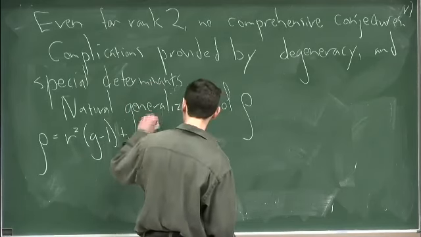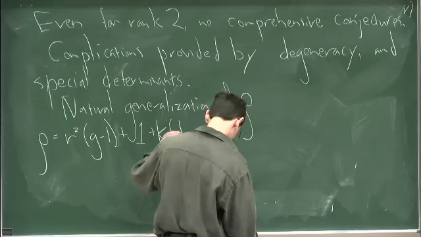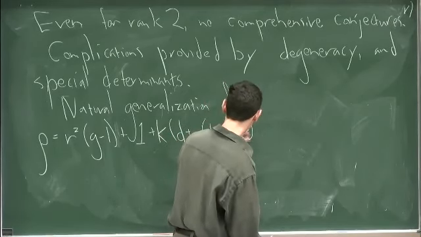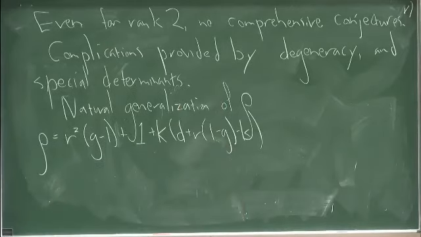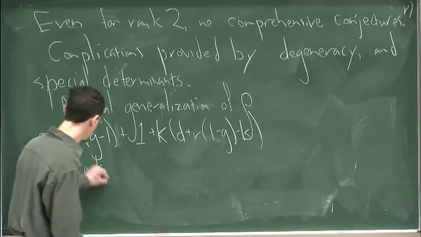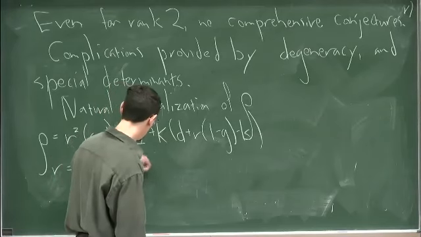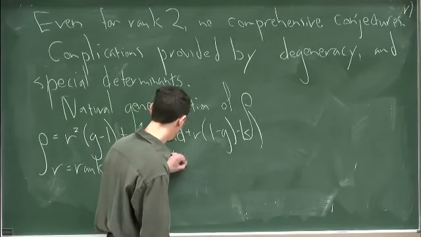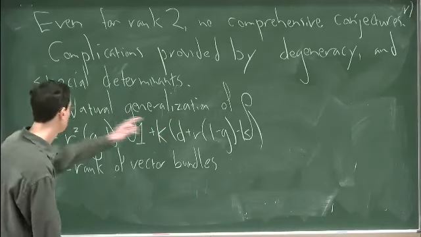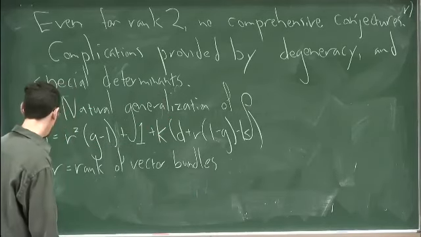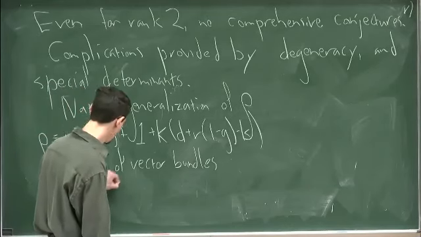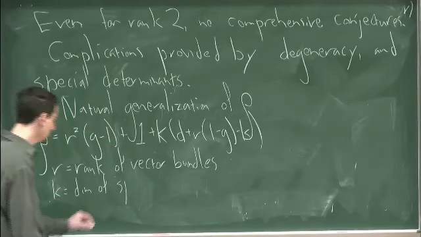Okay, so this is the generalized one where now R is the rank of the vector bundles. G is still G, D is still the degree, and K is the dimension of the space of sections that we're looking at. So this is what we were calling R plus 1 before.